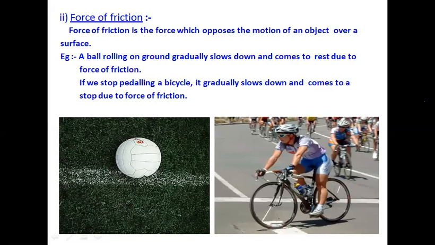For example, a ball rolling on the ground gradually slows down and comes to rest due to the force of friction acting between the ball and the ground. Another example: if we stop pedaling a bicycle, it gradually slows down and comes to a stop due to the force of friction acting between the wheel, or the tire of the bicycle, and the road. So basically, the force of friction is there to oppose the motion of an object.